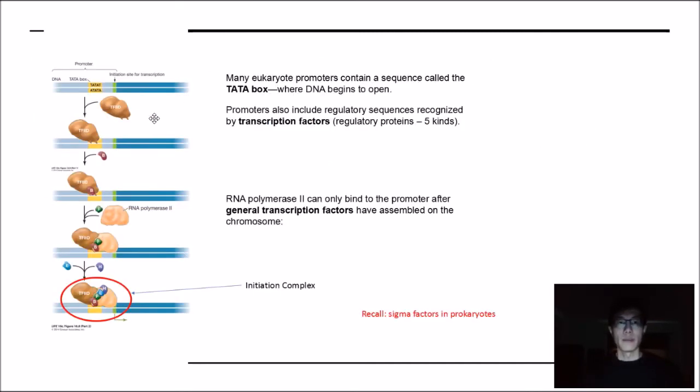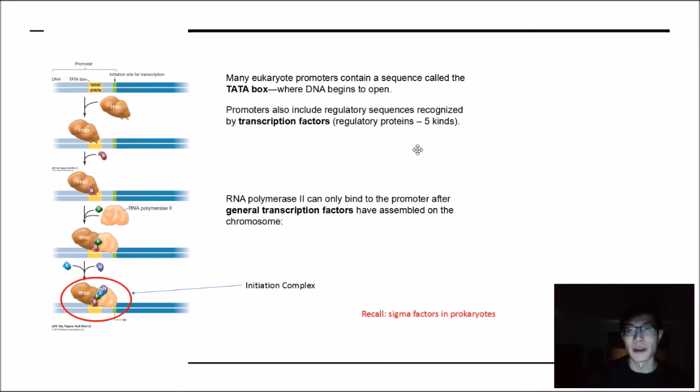Of course, proteins can help regulate the process as well, because if you think back to eukaryotic transcription, remember the TATA box. In eukaryotes, there's this little section over here called the TATA box, and that's where the DNA begins to open in terms of transcription.